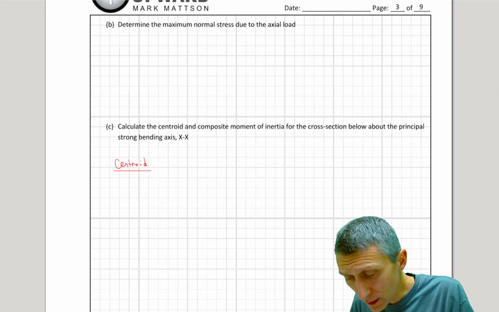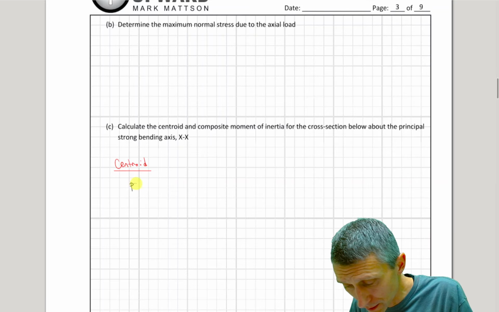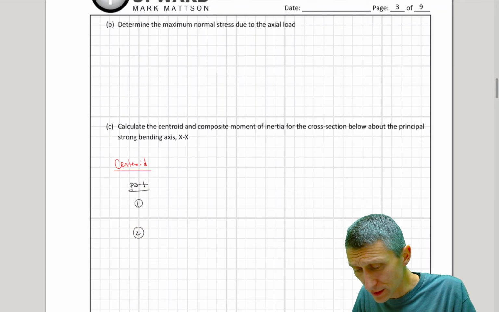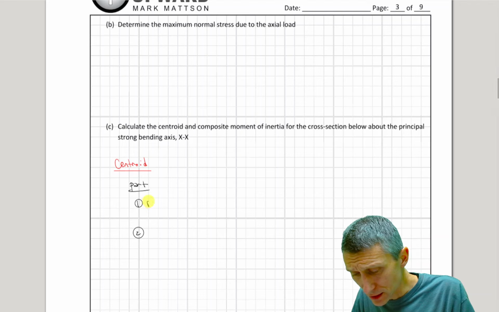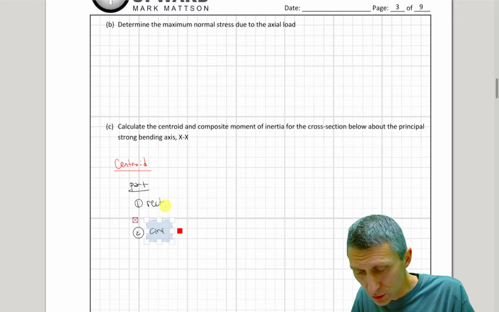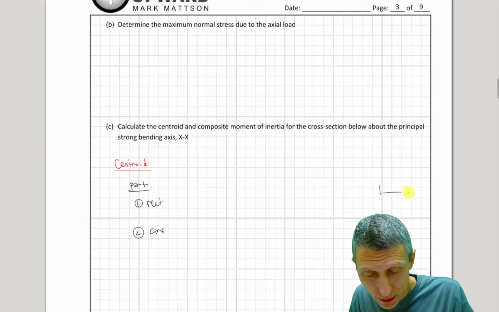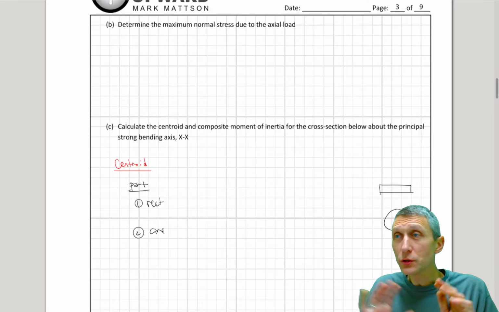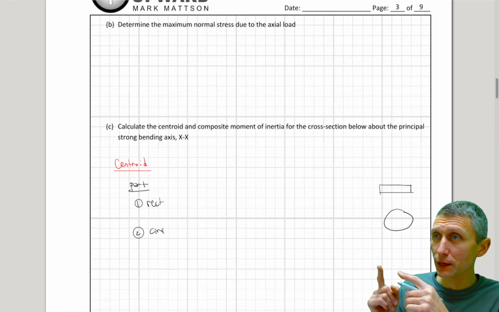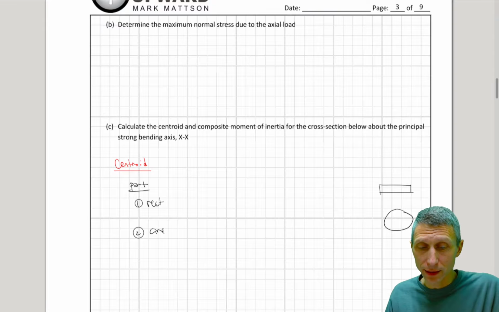So I'm going to say what my parts are. And I just number these, part 1 and part 2, right? So part 1 is going to be, in this case, a rectangle and then a circle, right? So we have two things going on here. We have a shape that kind of looks like this. It's a rectangle and a circle. Those two are together. They're not separate here, but I'm going to separate them just so that we can highlight the different parts.